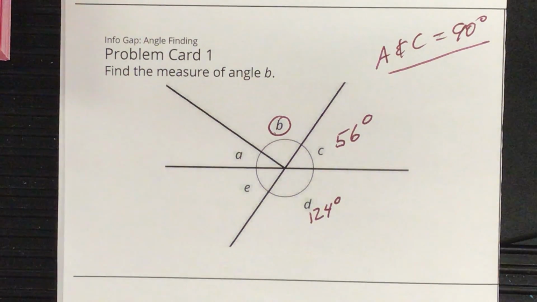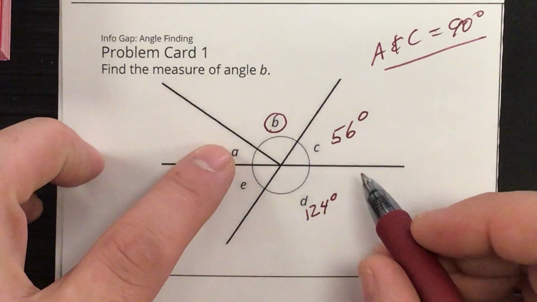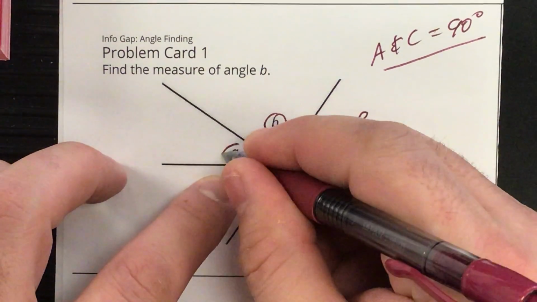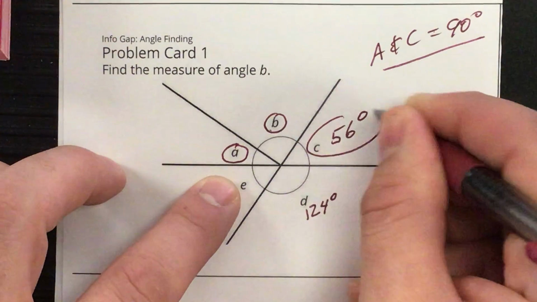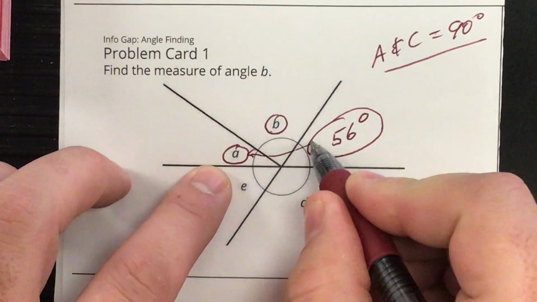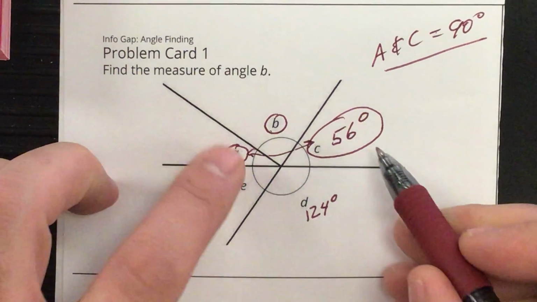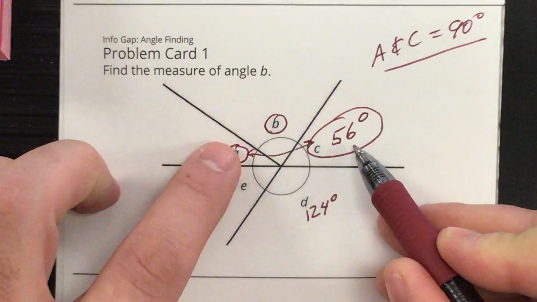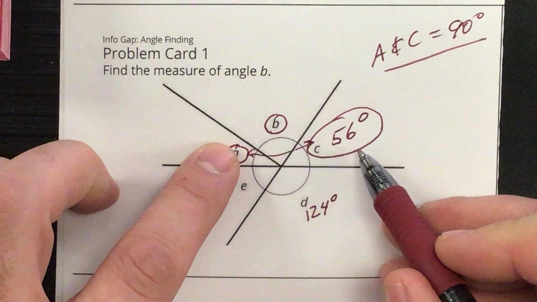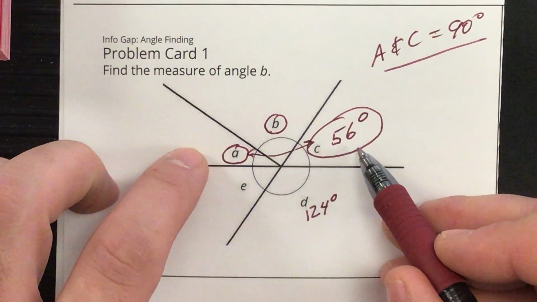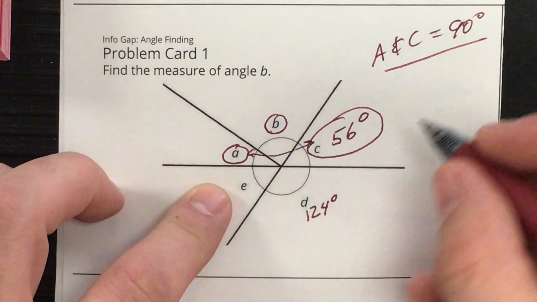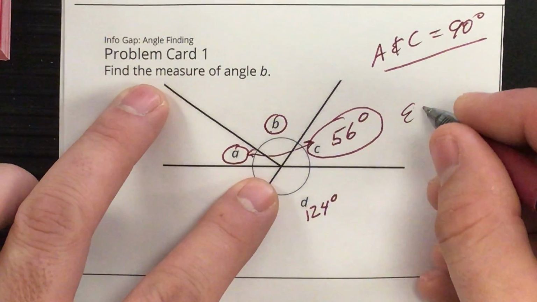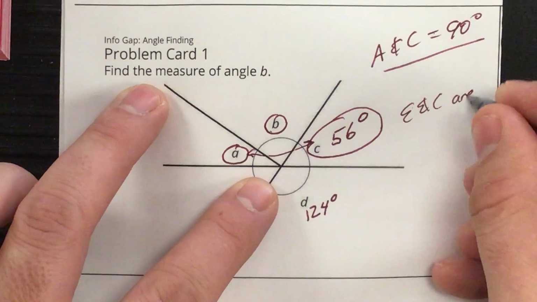Okay. I think A and C, that means these two right here. A and C. That means they add up to 90. C and E are vertical.